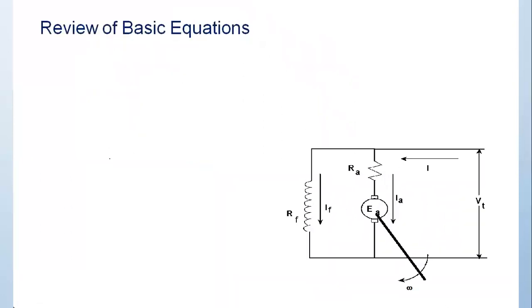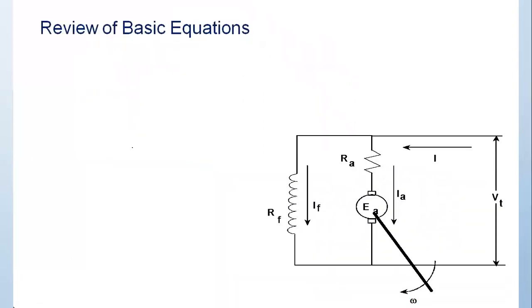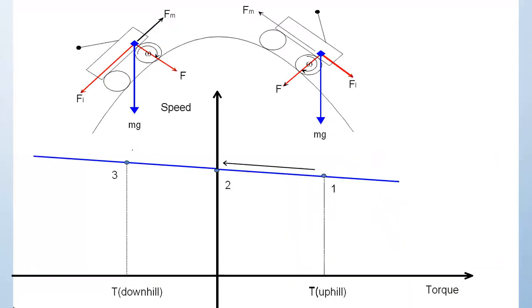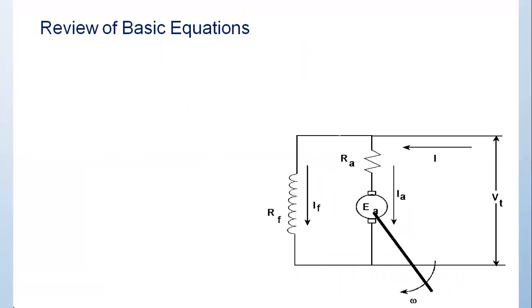And what are the equations that will guide all these three regions? We will see. For that, first we will consider the basic equations. Let us consider a shunt motor with EA, RA, RF, IF, IA, I and VT, and speed omega. What is the terminal voltage VT? VT will be equal to EA plus IA into RA, and this EA is the back EMF, KE phi into omega m.